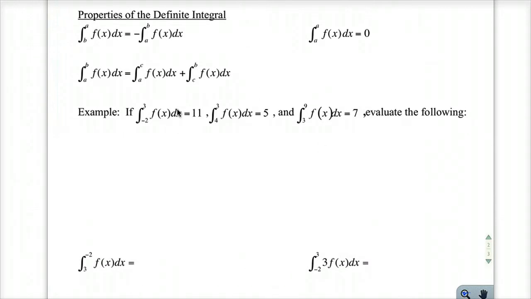Here are some properties of the definite integral. If you have the integral from b to a, it means the exact same thing as if the bounds were flipped, but it's the negative version of it. So the integral from 1 to 2 is the same thing as the negative of the integral from 2 to 1. If the bounds are the same, like from 2 to 2 or 3 to 3, no matter what that number is, the area between two points that are exactly the same is always 0.